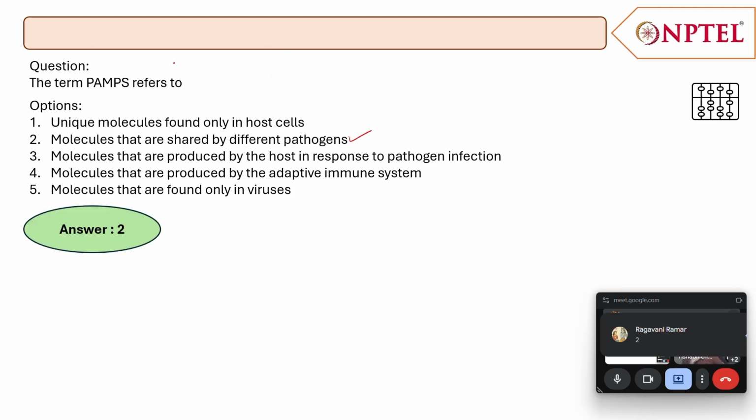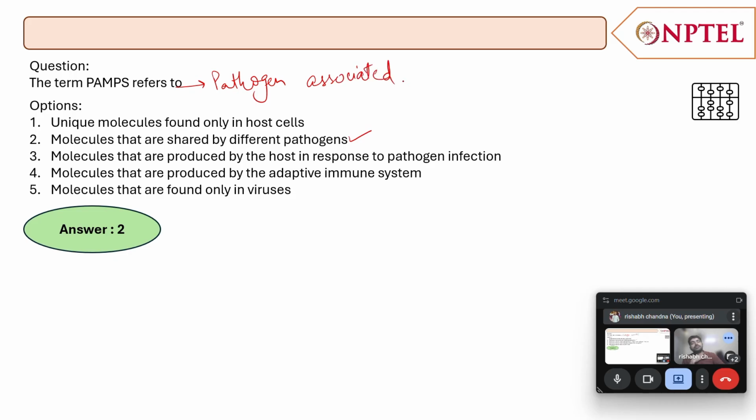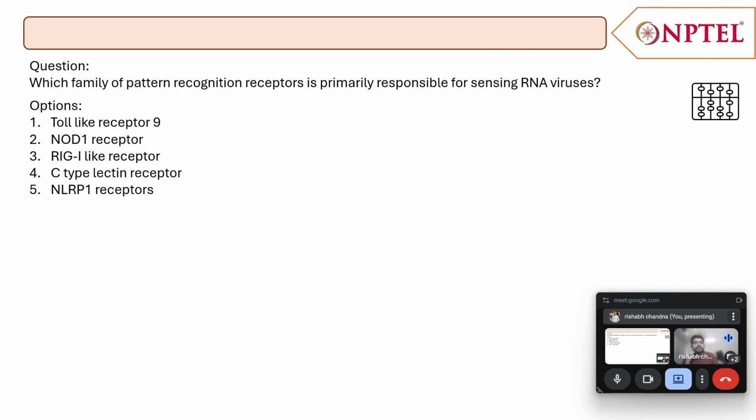PAMPs refer to pathogen associated molecular patterns. These are present on the pathogens and help in differentiating them from the normal microbes. These are the molecules that are shared by different pathogens. So the correct answer is option 2. Let's move on to the next question.